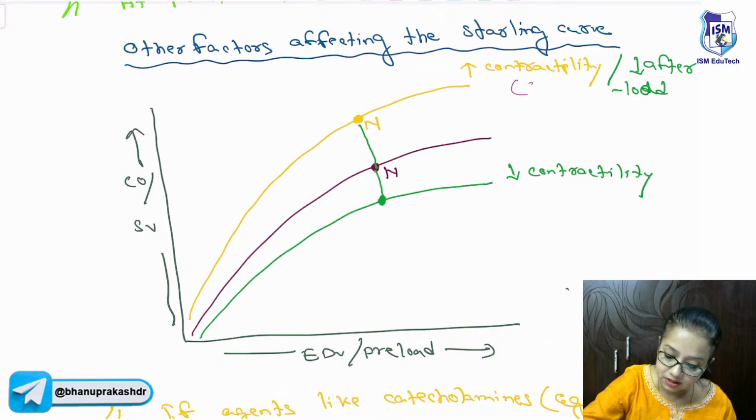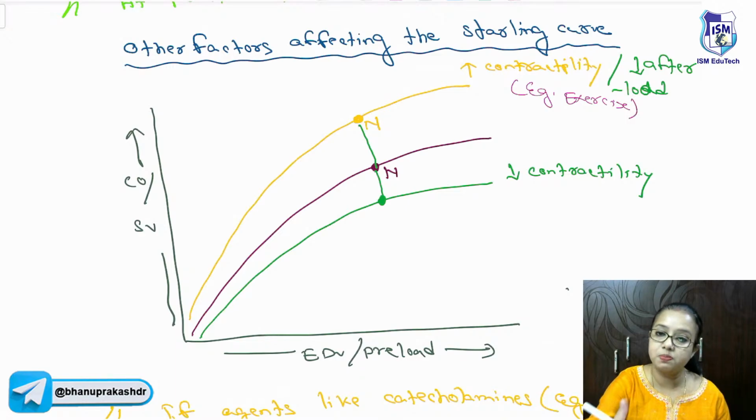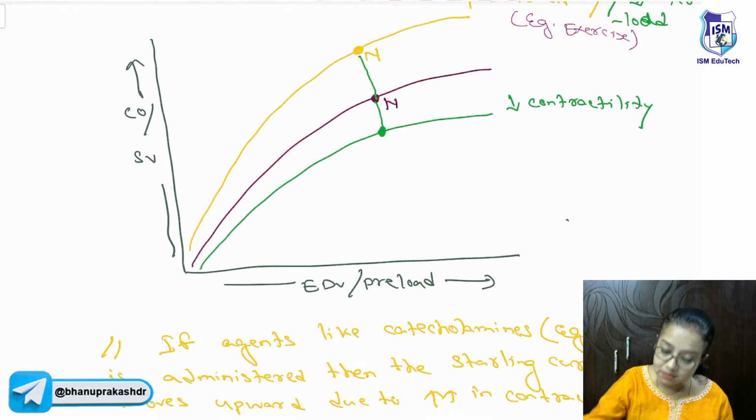Example, exercise. When a person is exercising, the force of contraction is increasing and the afterload, meaning the peripheral resistance, is also decreasing.